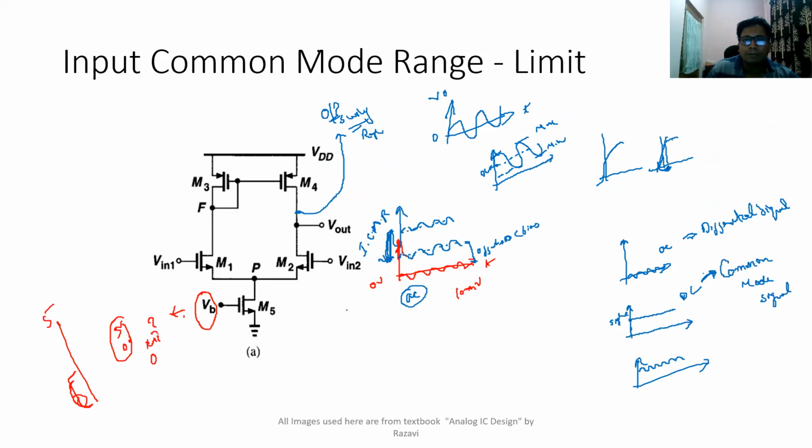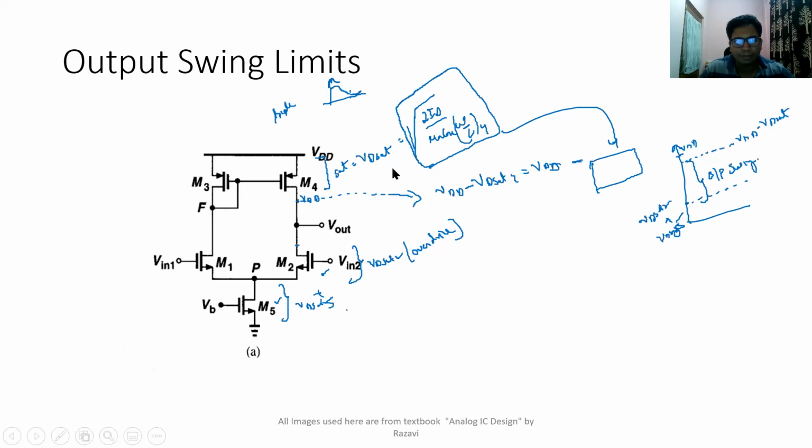With respect to common mode, what are the limitations you have? Let me just make a copy of this.